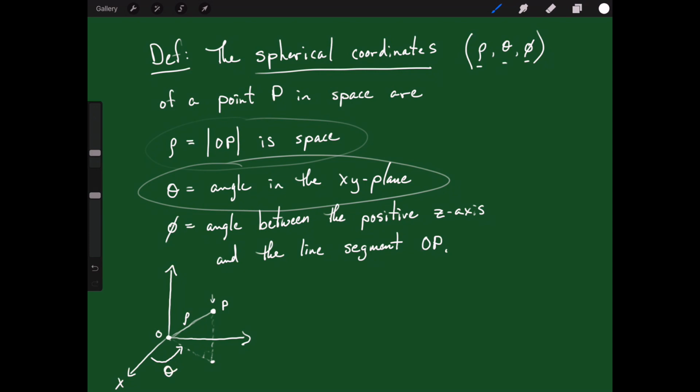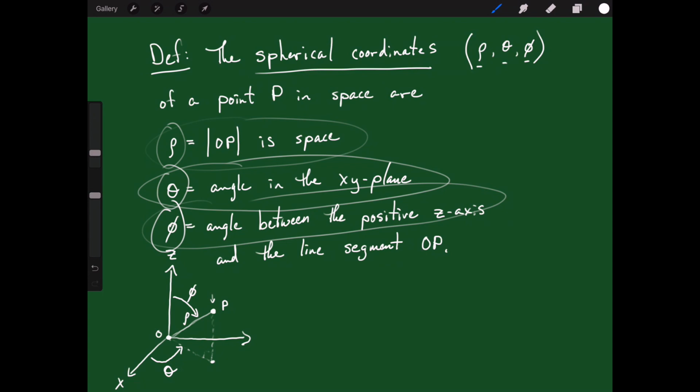And then phi is the angle between the positive z-axis down to the line segment OP. So this is what I call phi. And given those three quantities, I can always describe any point with a rho, a theta, and a phi.